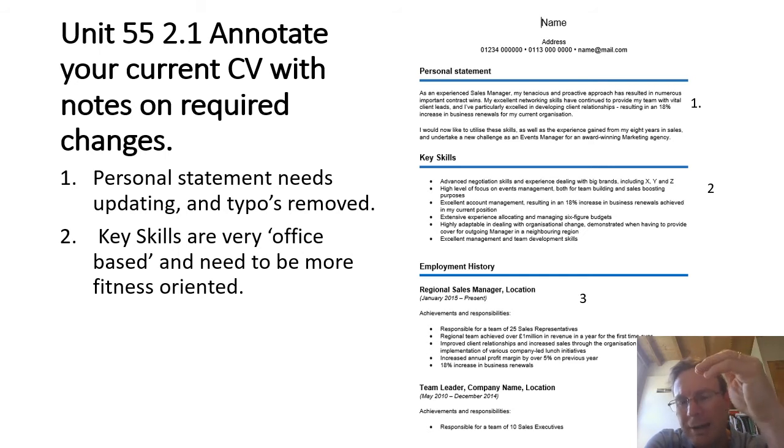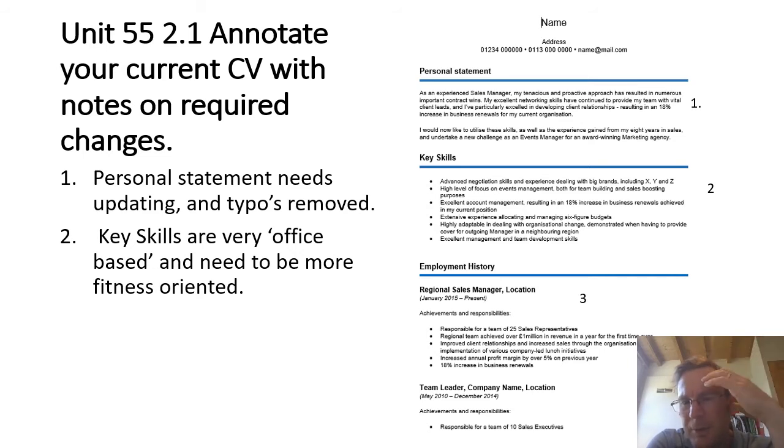So when you're annotating, you're having a real close read of that CV. Remember, you've had feedback, and you're making notes on that original CV about what needed to be changed.